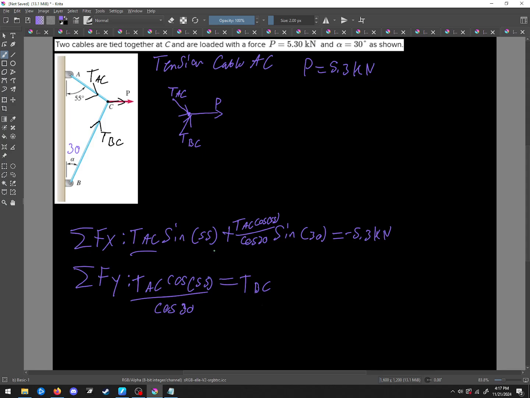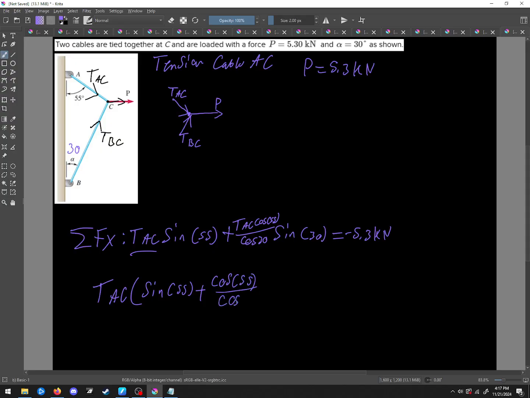we'll have to add these two like terms. Well, we can say that, let me just get rid of this. I don't think we'll need this. We're going to bring TAC out front. And this is now just sine 55 plus cosine of 55 over cosine of 30, sine 30, going to equal negative 5.3 kilonewtons.